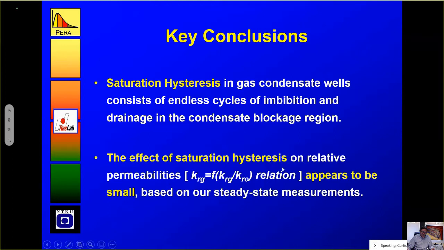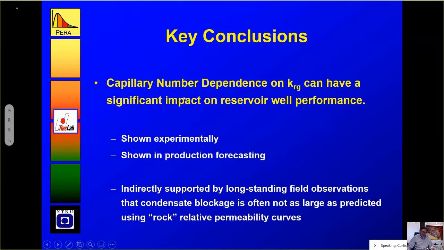The effect of the saturation hysteresis based on laboratory measurements seems to be small. Capillary number dependence can have a significant impact on reservoir well performance. This is shown both experimentally and in production forecasting. And it indirectly supports the long-standing field observations that condensate blockage is often not as large as predicted using rock relative permeability curves.